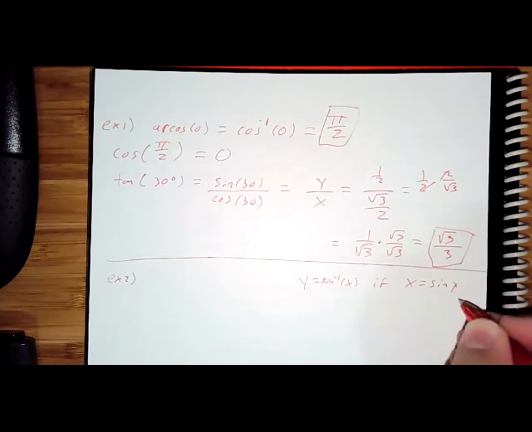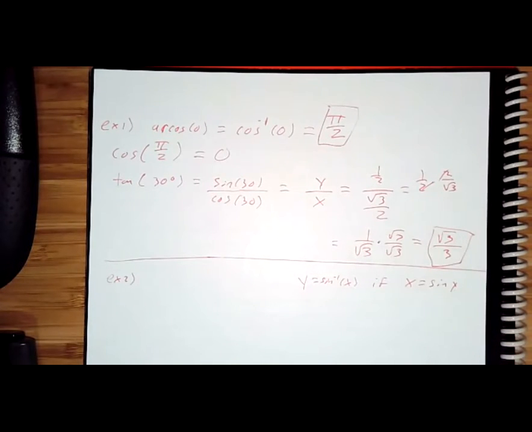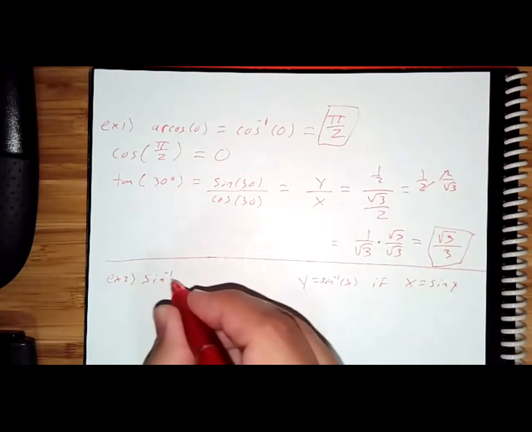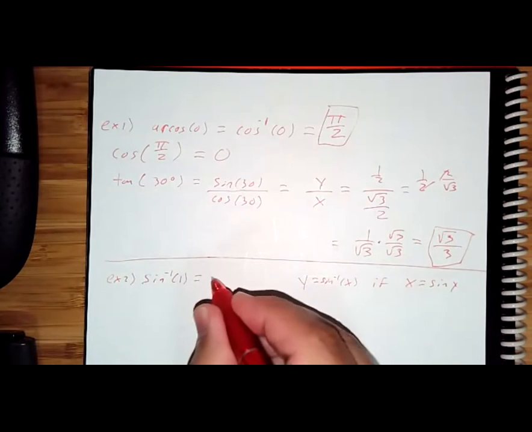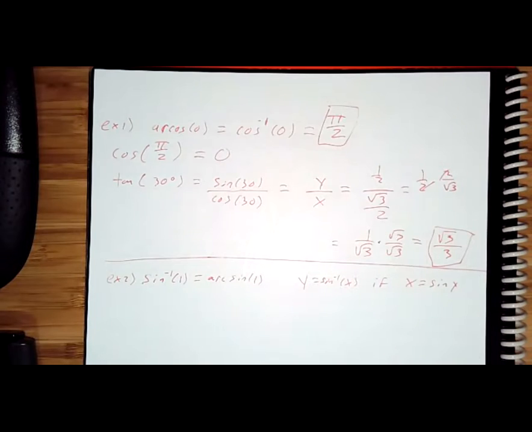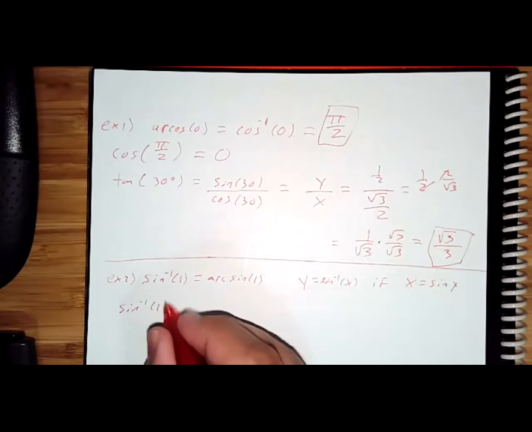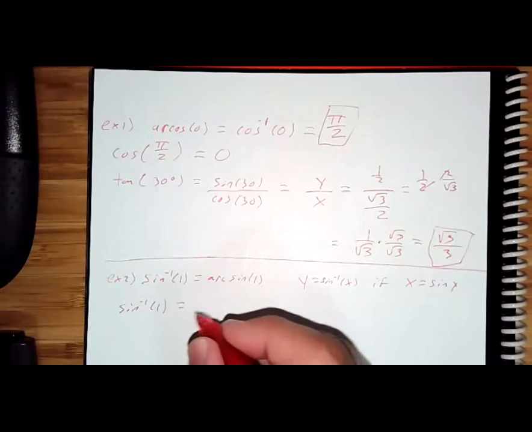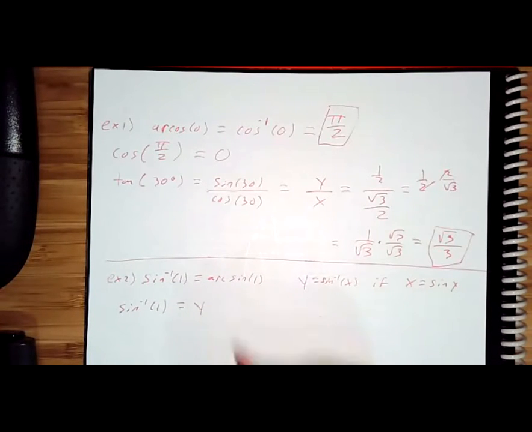So we said earlier, part of the inverse sine definition. If we have a question that says sine inverse of 1, which is the same as arc sine of 1, that means I can rewrite the inverse. Let's say I want to know what this is. What is the y value? That's the question.